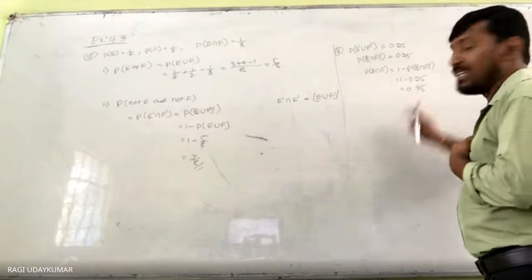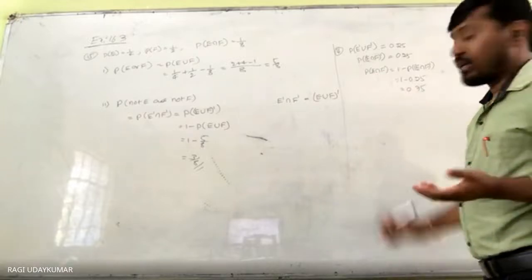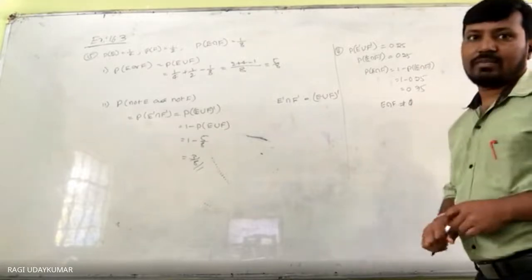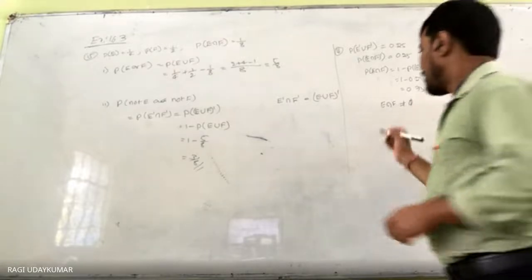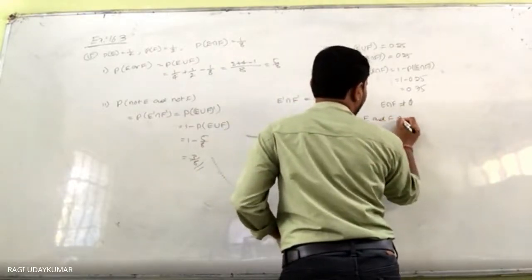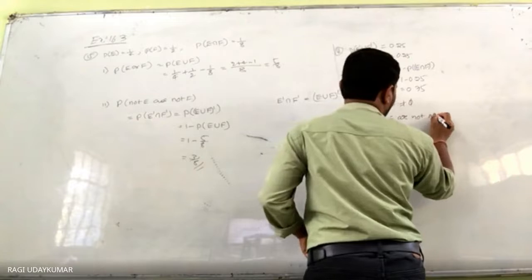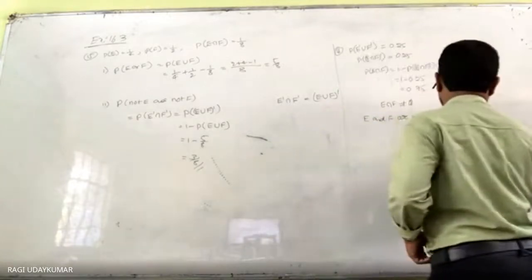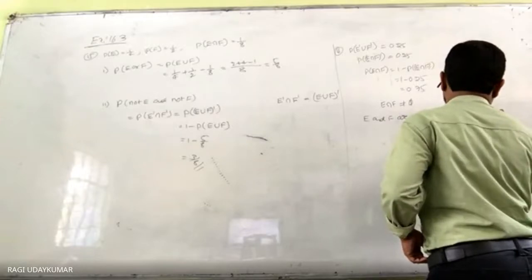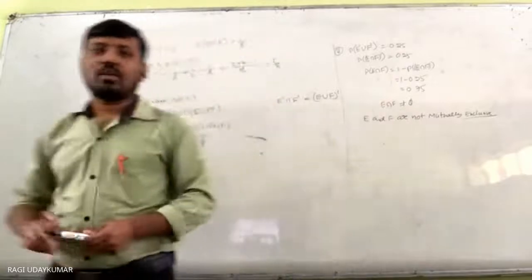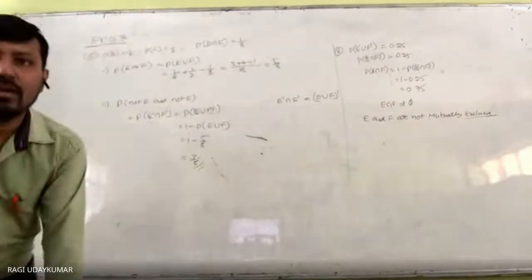So probability of E intersection F is some number, which means E intersection F is not equal to the empty set. Therefore, E and F are not mutually exclusive events. Mutually exclusive or not, you need to find out like that.